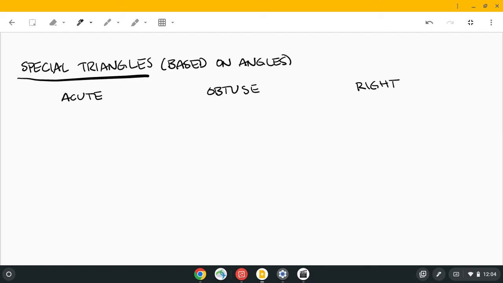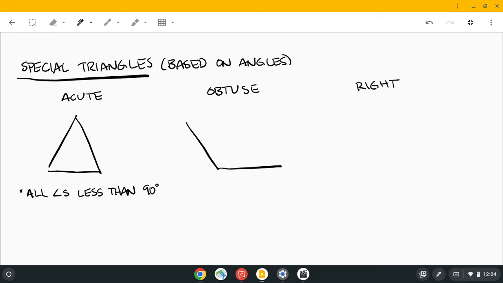Acute means all angles are less than 90. Obtuse means one of the angles is more than 90. So we have less than 90, more than 90, and then for a right triangle we have exactly 90.